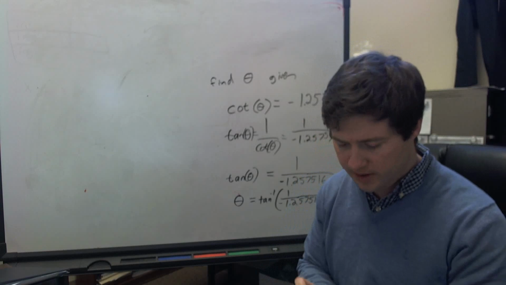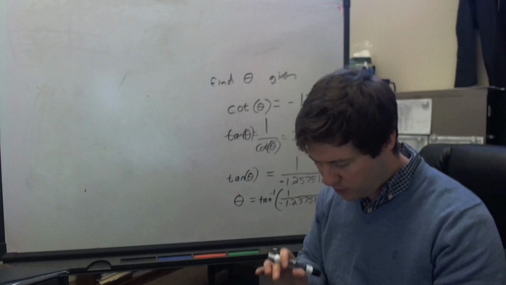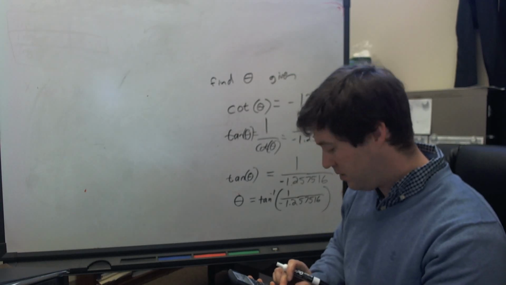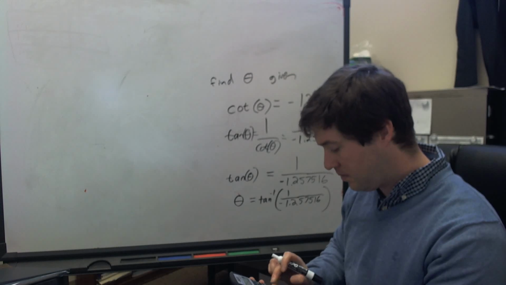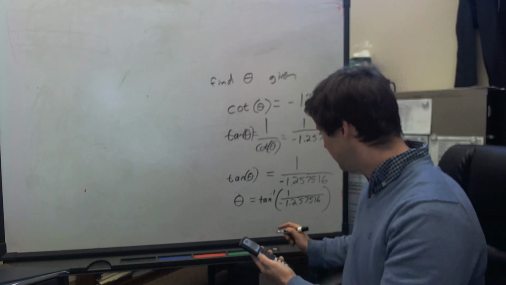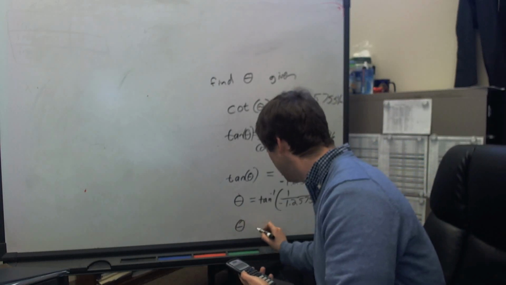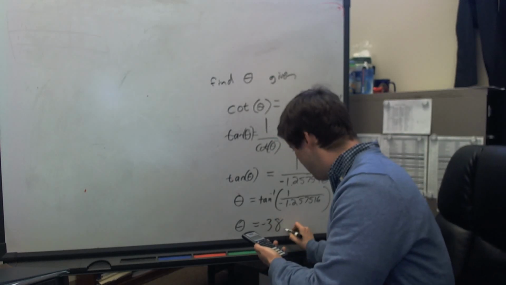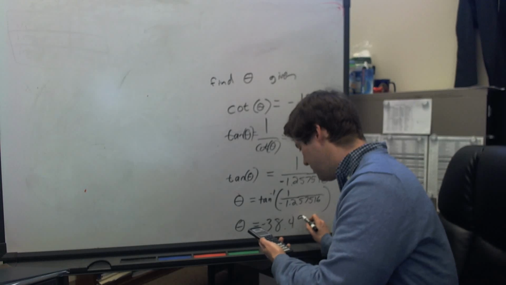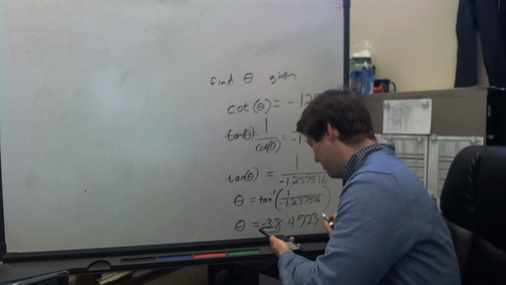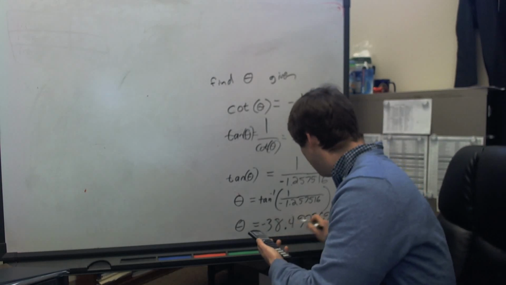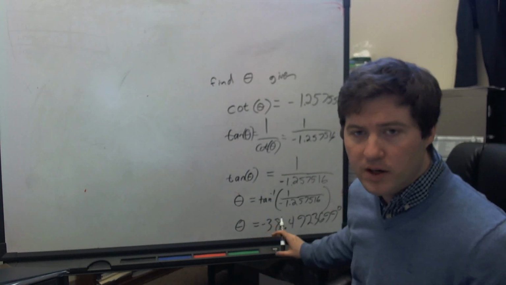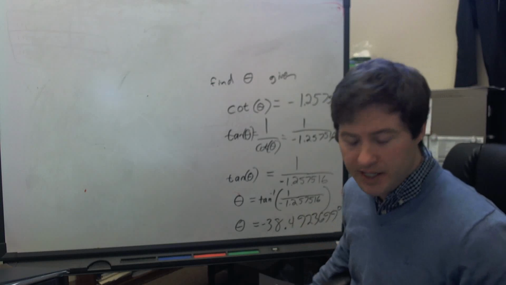Okay, let's see how we do here. And so we get theta is equal to negative 38.492369 degrees.